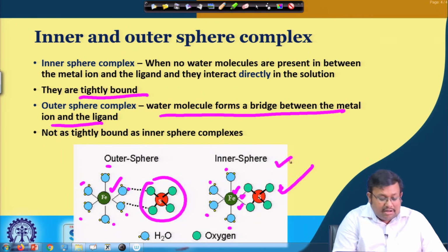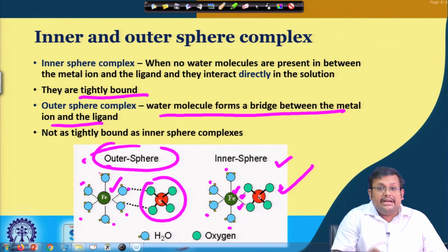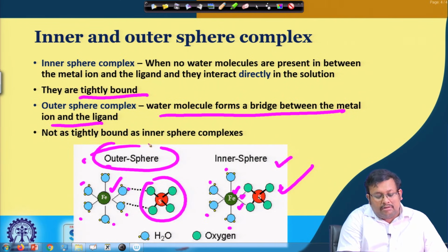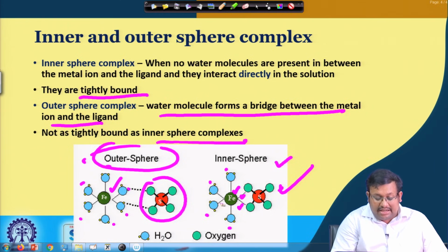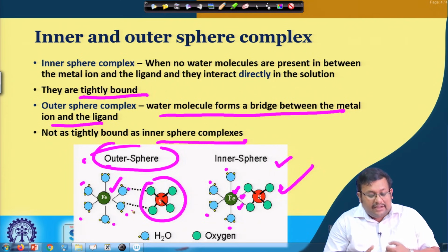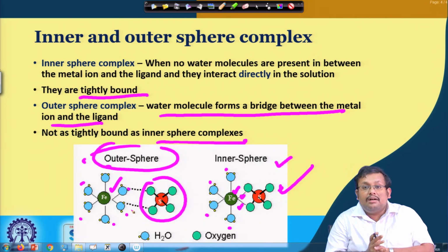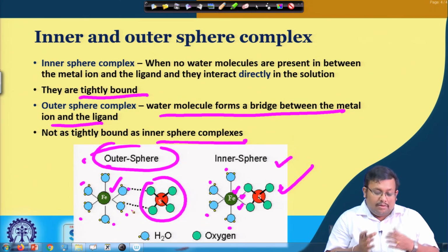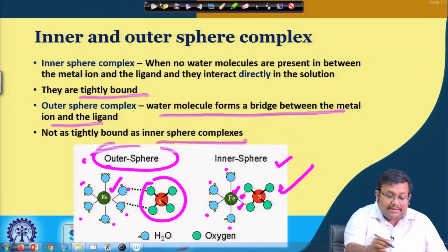So, this is inner sphere complex and this is the outer sphere complex. Remember, the outer sphere complexes are not as tightly bound as inner sphere complexes, because in inner sphere complexes the bond is directly between the ion and the ligand. However, here the water is acting as a bridge. So, obviously, the binding strength varies from inner sphere complex to outer sphere complex.